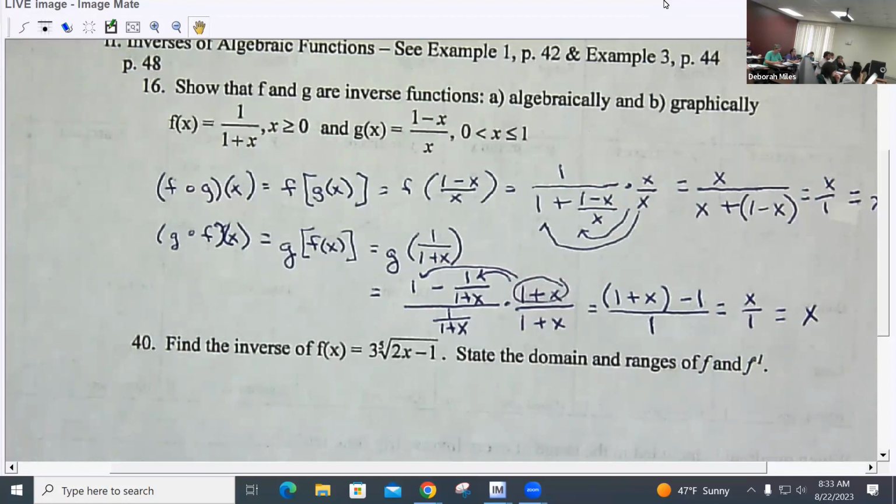Here, if x is 0, I'd get 1. If x was 1, I'd get 0. So I'm just going to let my y's go from 0 to 1, just because I think that'll be a good enough picture, even though I might have to zoom out some more. I'm just guessing what window to use. The last thing I need to tell the calculator is what I want my tick marks to count by.